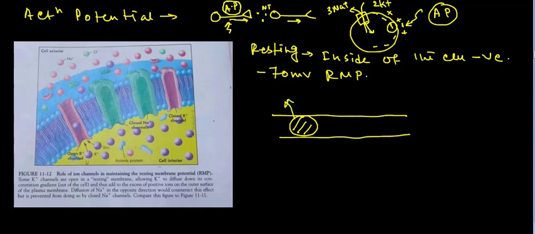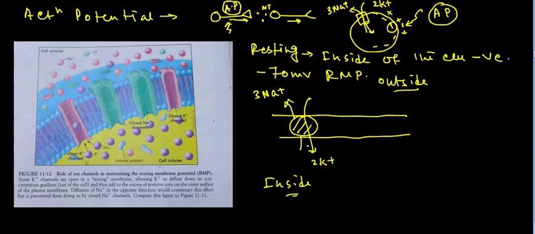This pump causes the exit of 3 Na plus ions from inside the cell towards the outside. This is the outside of the cell, and this is the inside. So 3 Na plus efflux through the sodium potassium ATPase pump, and 2 K plus enter the cell through the plasma membrane. So they make the inside of the plasma membrane negative.